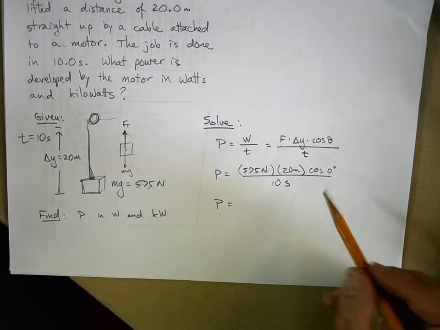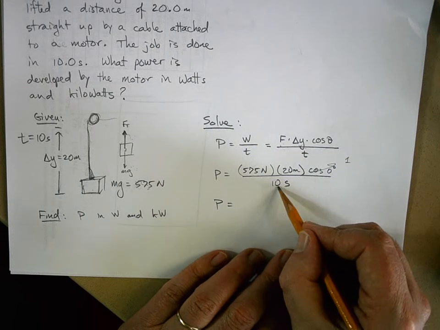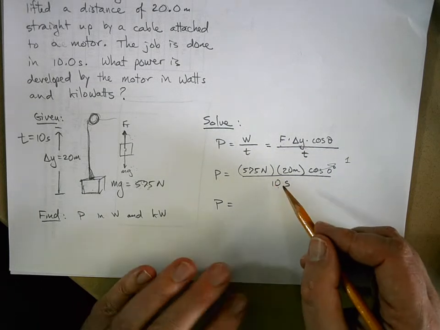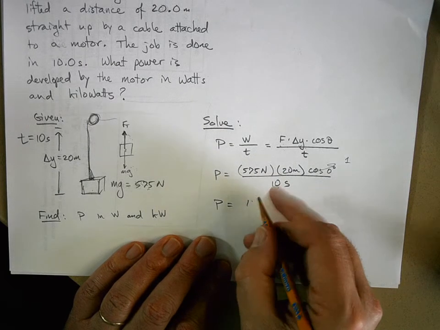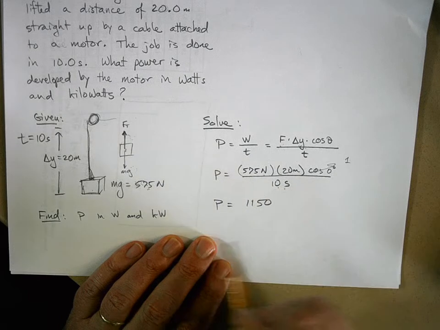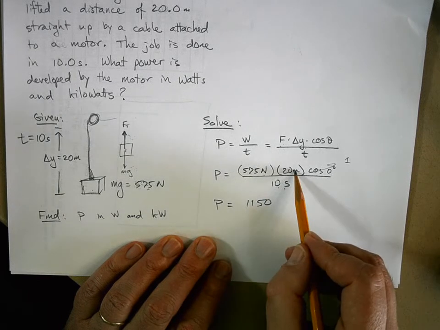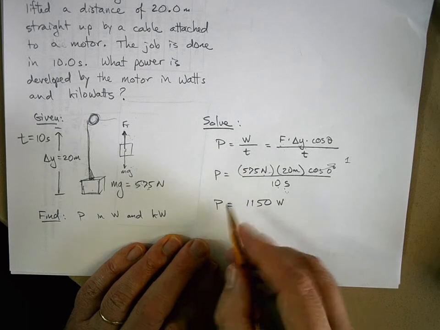And let's see, this is 1. Well, 20 divided by 10 is 2. And 2 times 575 is, what is it, 1,150? Is that right? And what's a newton? Newton times a meter is a joule. A joule per second is a watt.